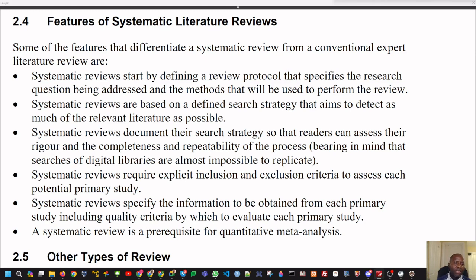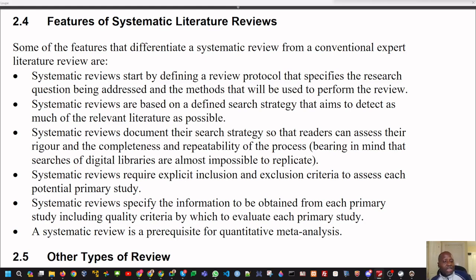Then fourth, systematic reviews require explicit inclusion or exclusion criteria to assess each potential primary study. In other words, once you have collected your literature, you need to specify why you excluded some papers and included others. And once you select your core, you must make sure that each paper is assessed.